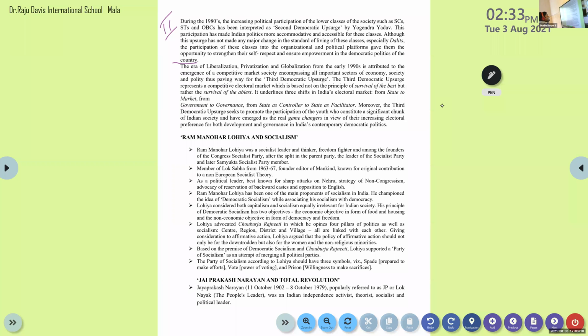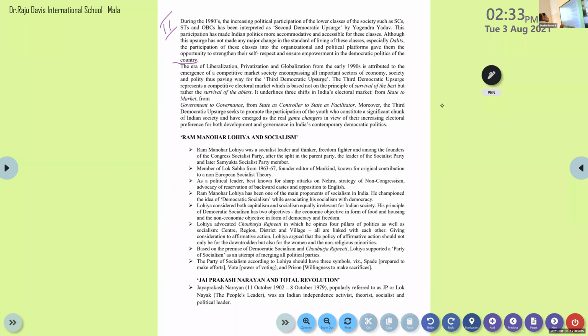And this is the second democratic upsurge, and we are going to the third democratic upsurge in India: the era of liberalization, privatization, and globalization. In economics you will study these things properly. The era of liberalization, privatization, and globalization basically allowed other countries to sell their products in India, and we also try to sell our products to other countries.